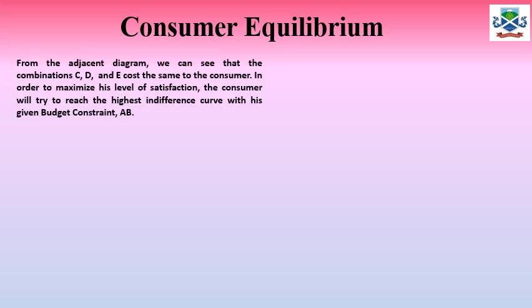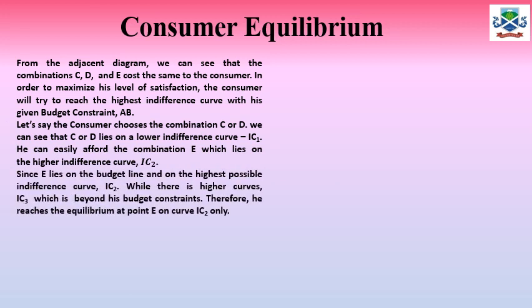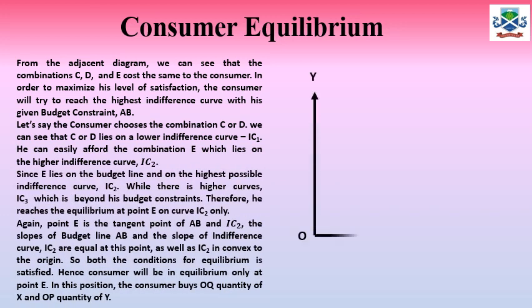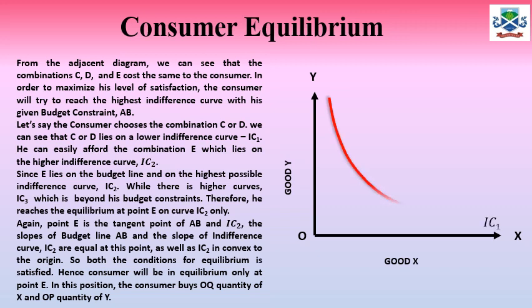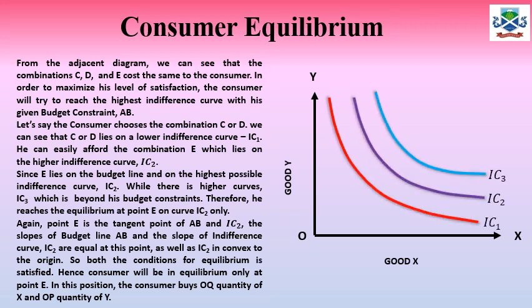If you place the budget line in an indifference map, you will find the three indifference curves and the budget line AB.